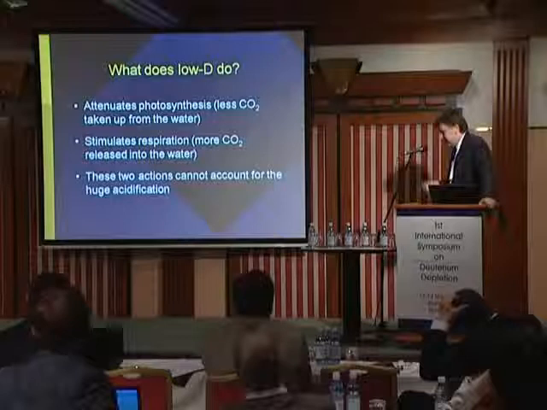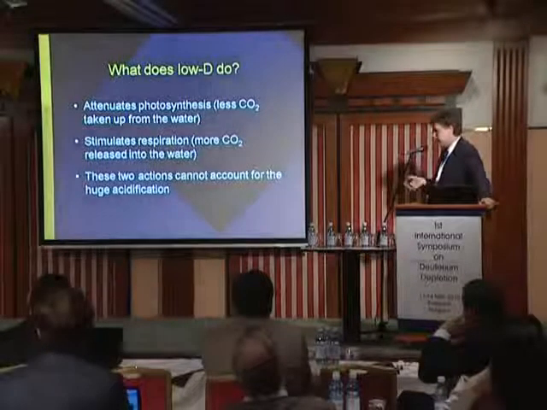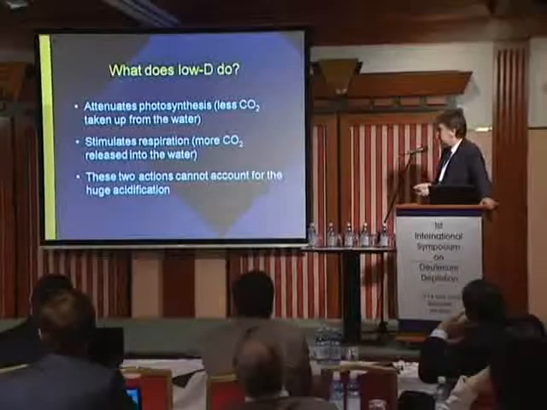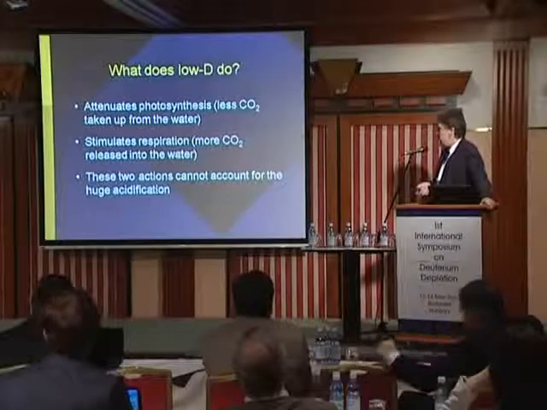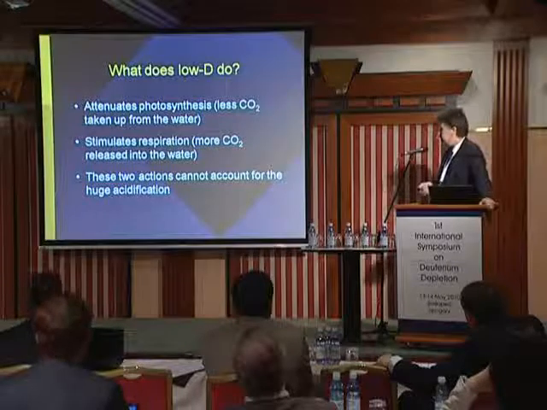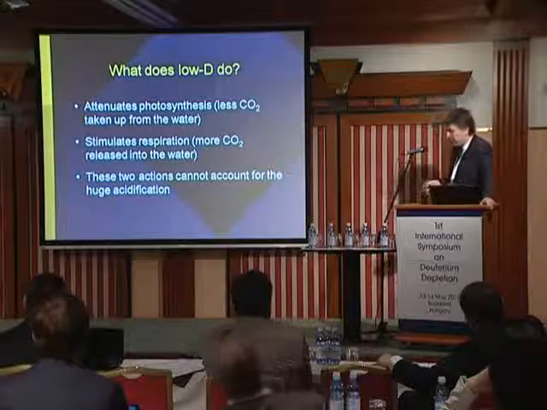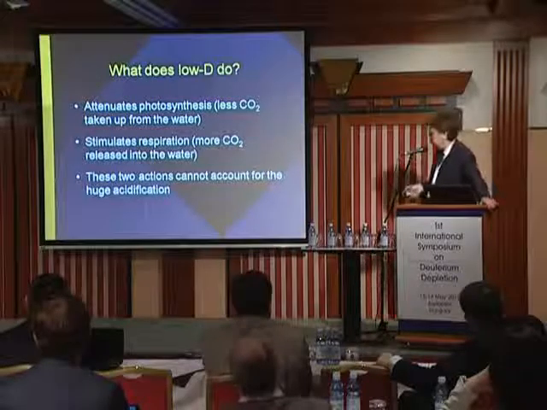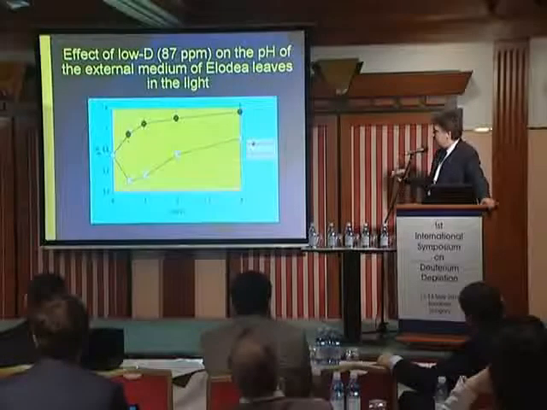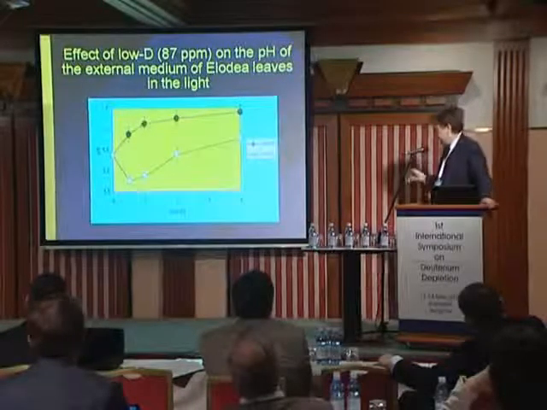So from these studies, we have seen that in the first half an hour, when the plants encounter low deuterium conditions, they show attenuation in the photosynthesis rate and a stimulation of the respiration rate. However, these two actions are not enough to account for the huge acidification, which, as you remember, we could see in the first half an hour when we measured only the pH in the presence of light.